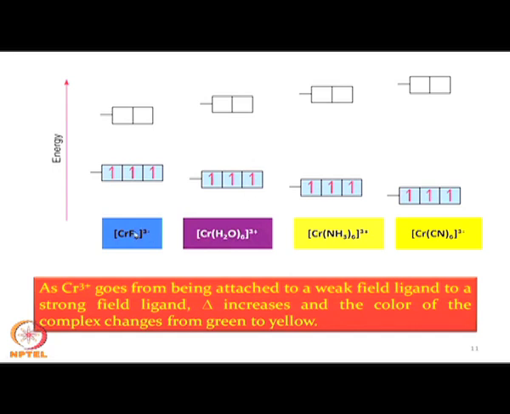But if we compare the corresponding color wheel, we will find that when the solution color is green, we have less splitting. But when the solution color is yellow, a lighter side, we get the complementary color, and the absorption is in the higher wavelength range.